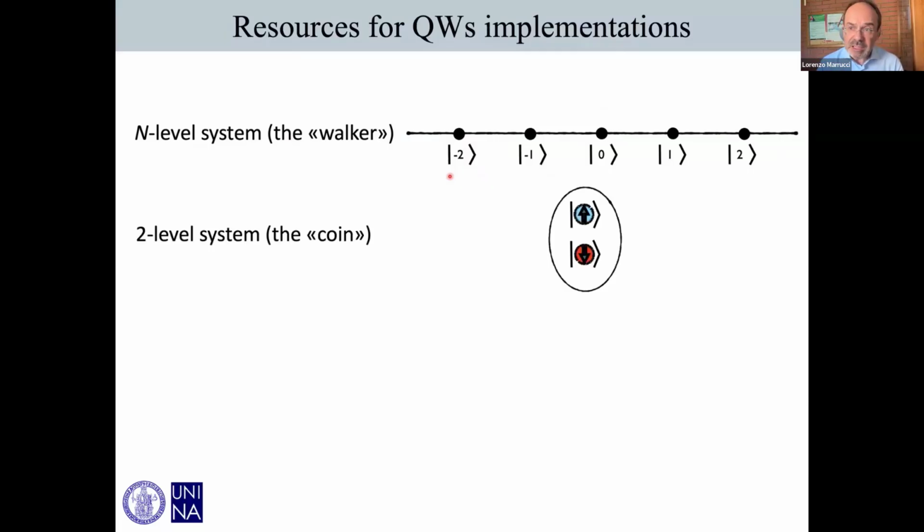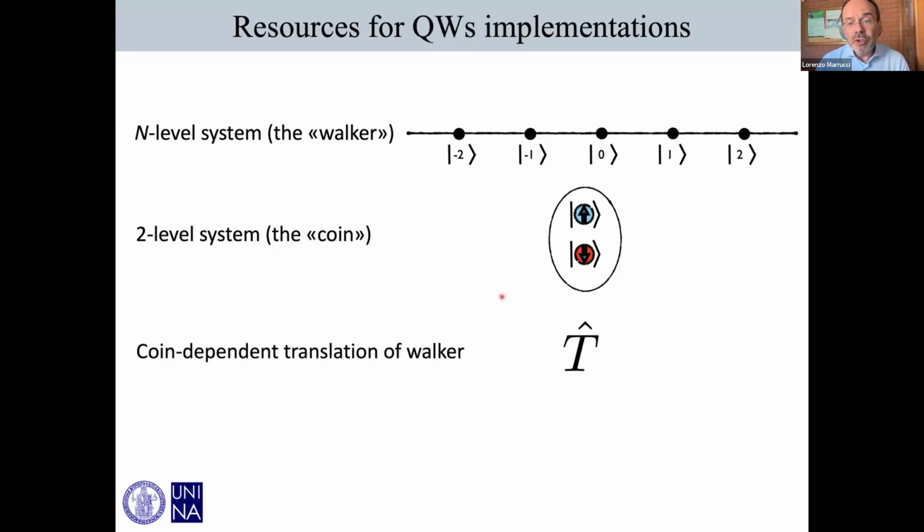Then you need a two-level system to represent somehow the coin that is tossed to make the random choice. In the random walk, you can think that the random choice corresponds to the toss of a coin, and then depending on the outcome, you go left or right. In the quantum system, you need the two-level system on which you perform certain quantum transformations, which are the correspondent of the quantum coin tossing, and then that determines the evolution of the walker.